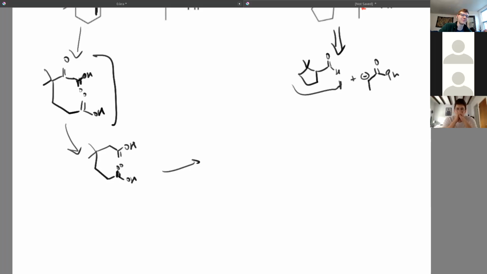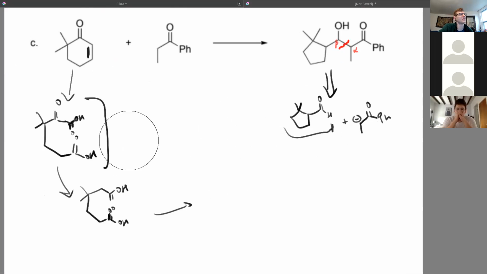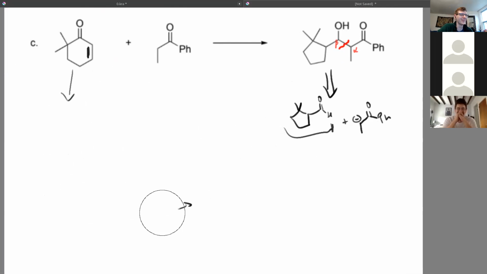So why don't we write it out, and we could at least think about it. What the hell? All right. So let's do base catalyzed or basic halogenation.